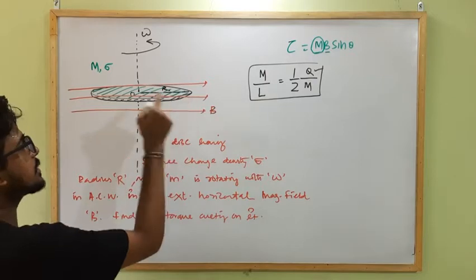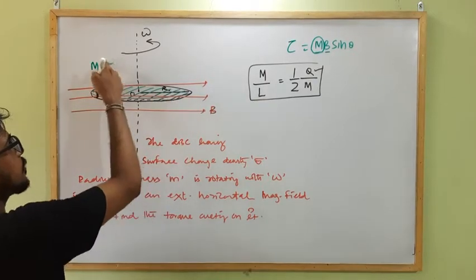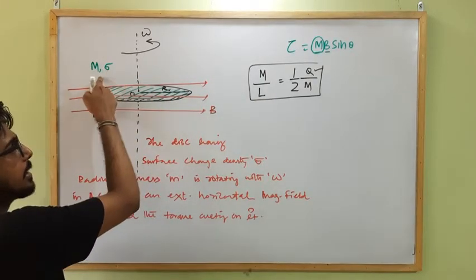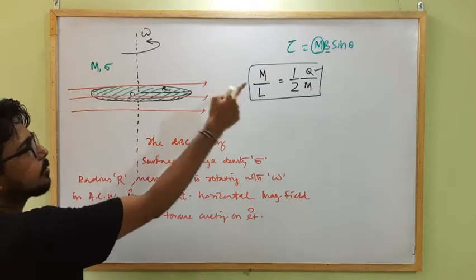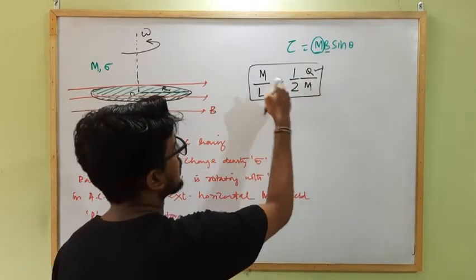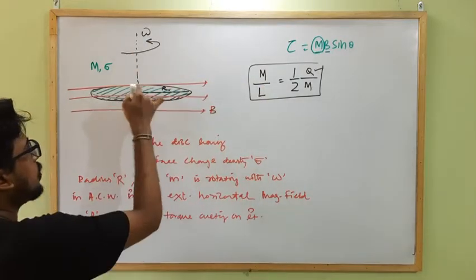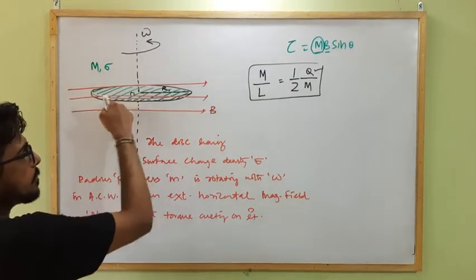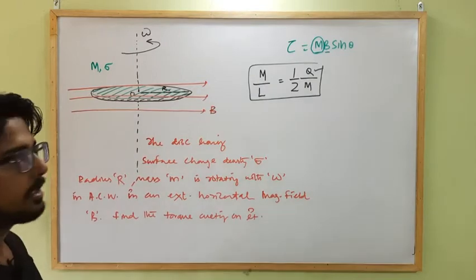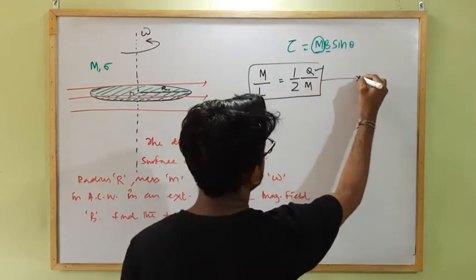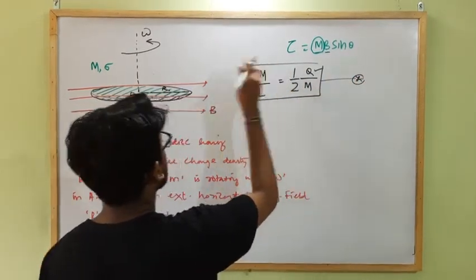So in this case, this is a disk which has surface charge density sigma and mass m. From this you can calculate the total charge of the disk. The magnetic dipole moment is what we want, and about this axis its angular momentum is the moment of inertia about this axis times omega. So using this relation we can easily find the magnetic moment of this disk.